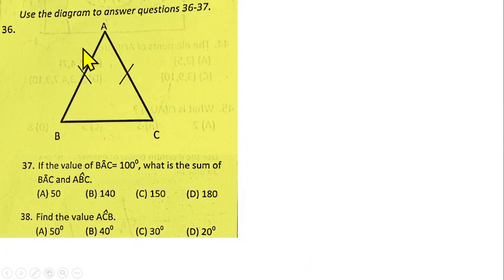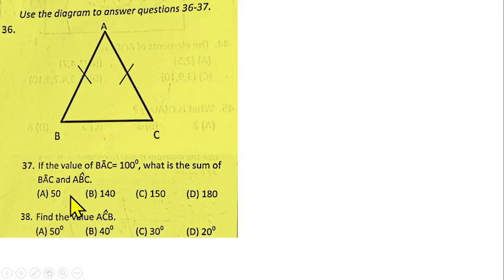Question number 36. You have to use this diagram to solve 37 and 38. From there, we are given this triangle, and this triangle is an isosceles triangle. Why? This side is equal to this side because of these two stripes that are marked. We are told that angle BAC is 100, that means the angle here is 100 degrees.